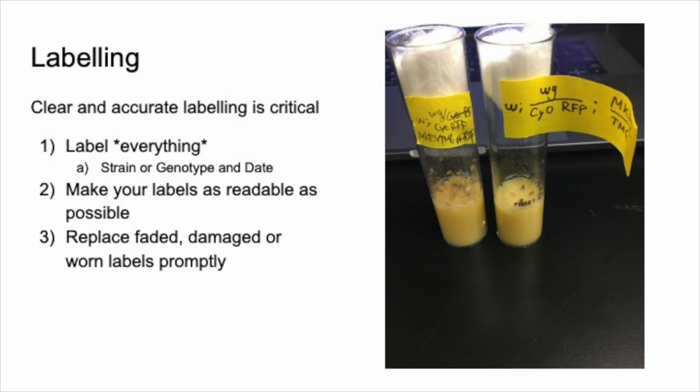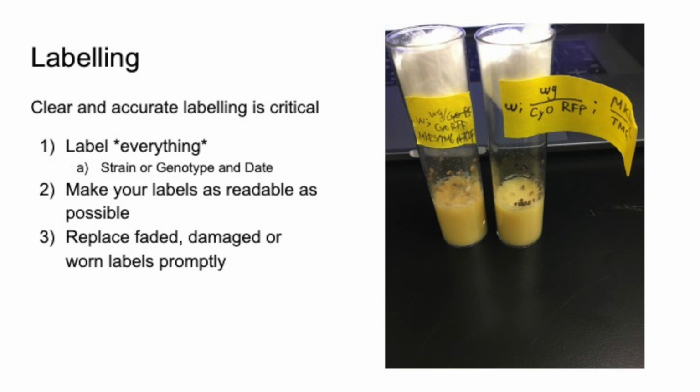And also, if enough time passes, you'll just forget what that combination of symbols is supposed to mean, which happens to me all the time. So you do want to make sure that your labels are as clear as possible, as unambiguous as possible, with letters and numbers that are very clearly recognizable as exactly what they're supposed to be.